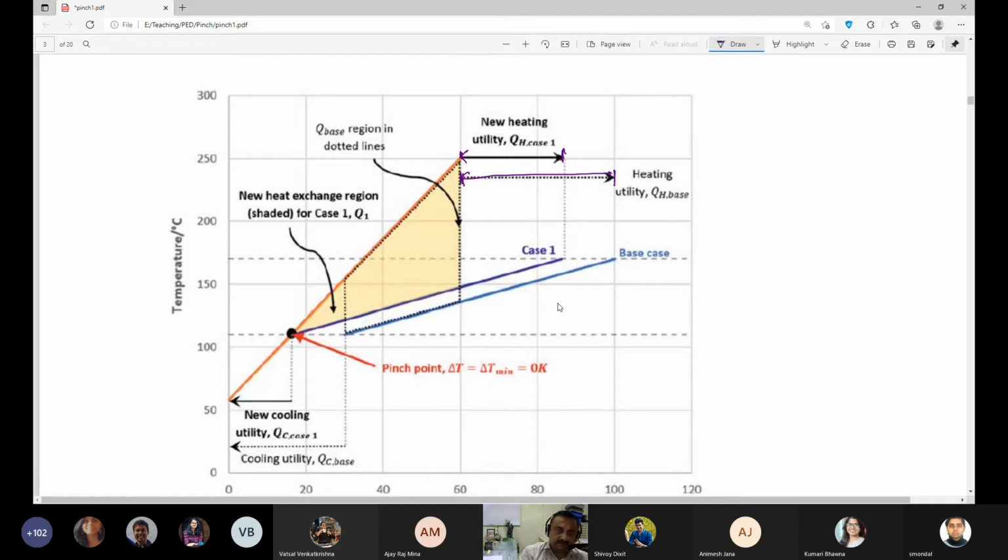So you must agree that if I shift, I would get a smaller delta T, and smaller delta T means I will have smaller QH and smaller QC.